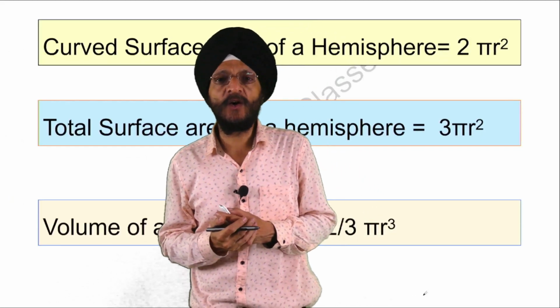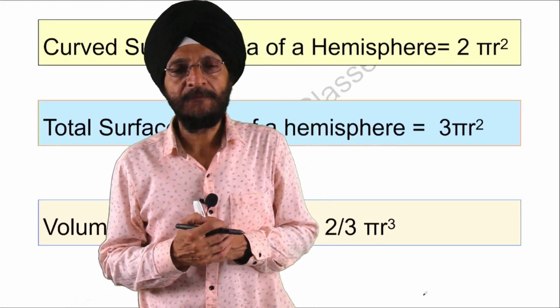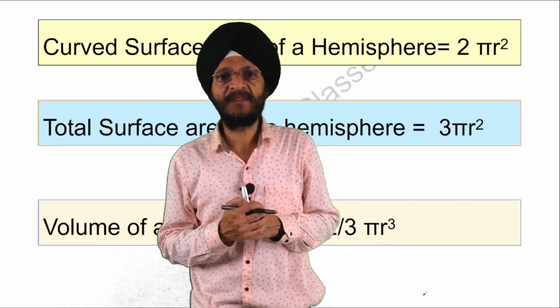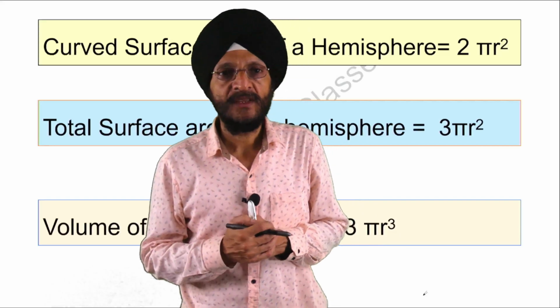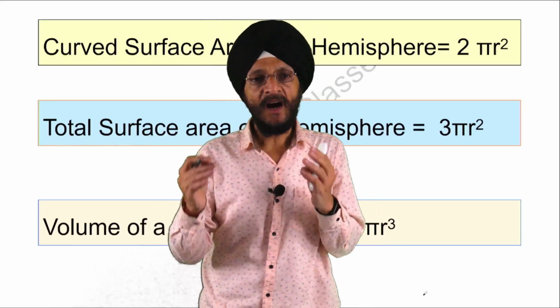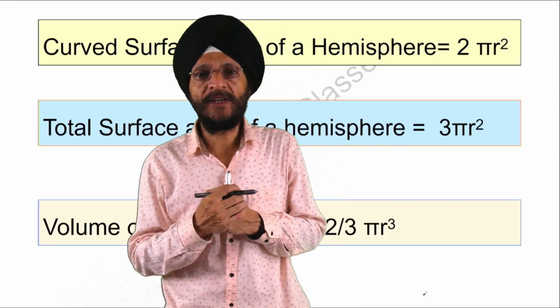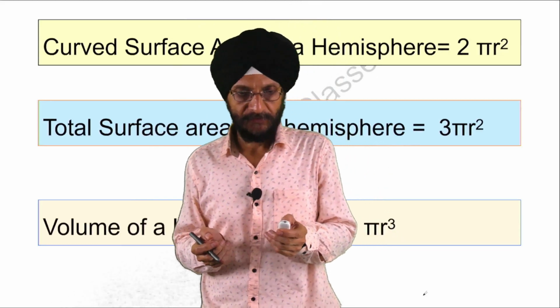Curved surface area of a hemisphere is equal to 2 pi r square, whereas the total surface area of the hemisphere is 3 pi r square, and the volume of a hemisphere is half of the volume of sphere, and it can be calculated by 2 over 3 pi r cube.